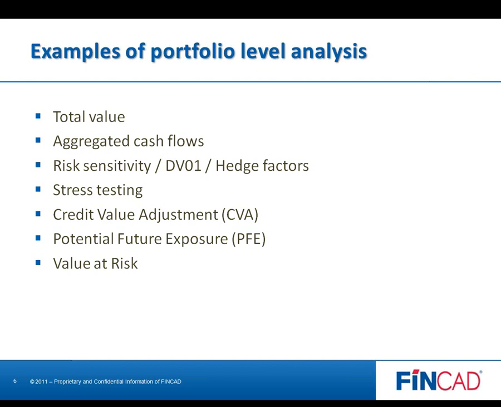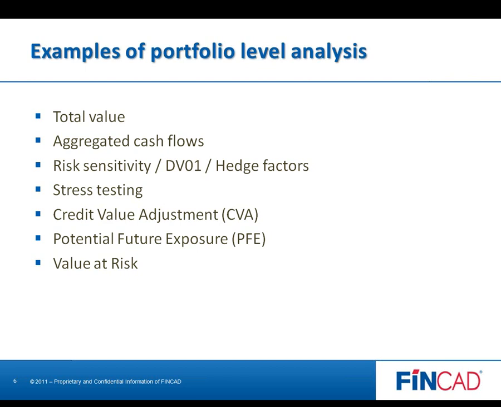But as we proceed down the list, the aggregations are not so simple, and most require information about the risk factors that are shared by multiple positions within the portfolio. Risk sensitivity. This is the rate of change of the value of the portfolio with respect to the market data. Being able to calculate this first-order sensitivity is a vital component of any risk system.